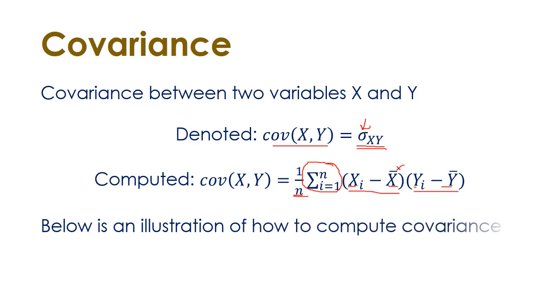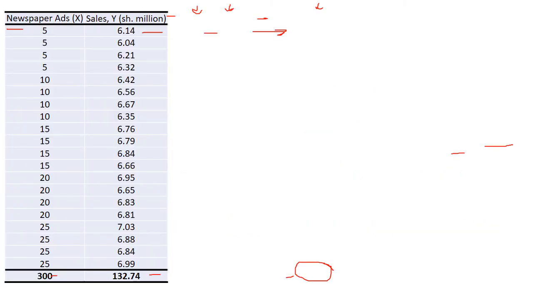So let's illustrate with an example below. This example shows us the number of newspaper adverts for a company and the sales that correspond to those adverts, my apologies.